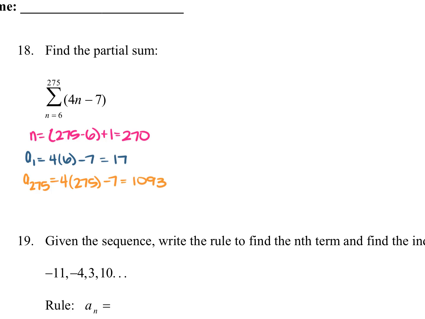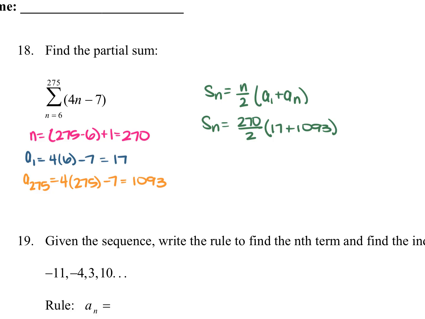So we're going to plug all of this into our partial sum formula. So that's going to be n over 2 times your first term plus your last term. So that gives us 270 over 2 times 17 plus 1093.